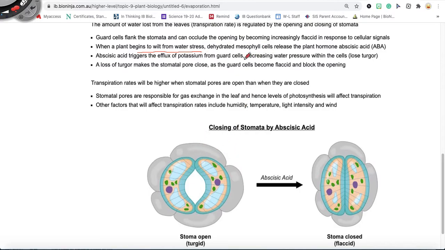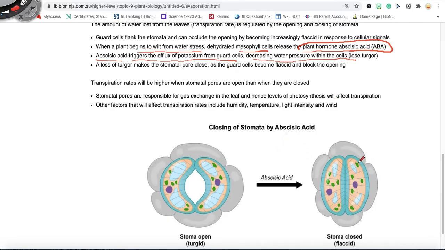So what do these mesophyll cells do? They release a plant hormone called abscisic acid, or ABA. And abscisic acid is considered a hormone in plant, and is going to trigger an efflux of potassium from the guard cells. And that's going to decrease the water pressure within the cell, or they lose turgor.